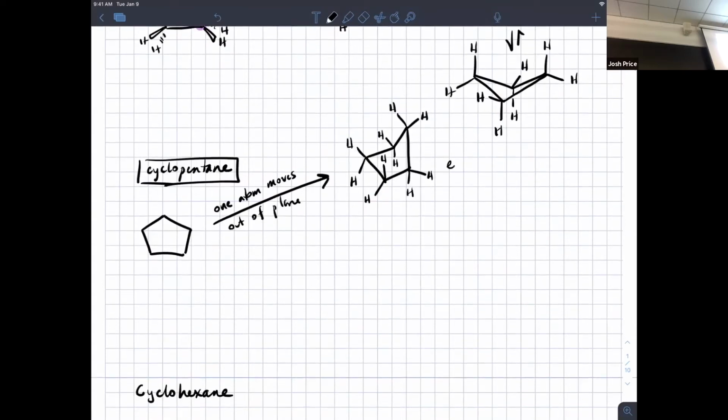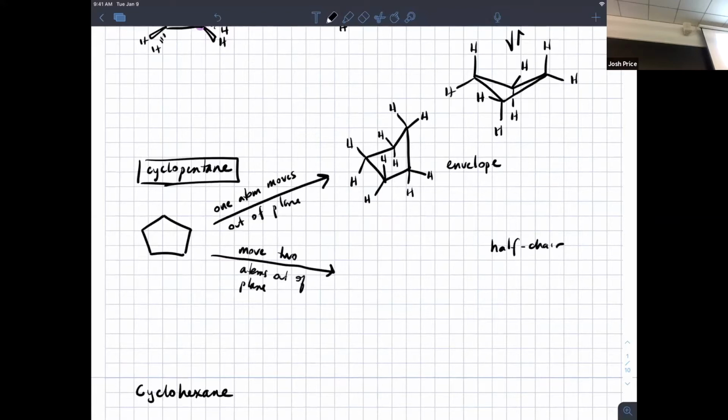So this is the envelope conformation. But there's another one. If you move 2 atoms out of the plane, you get a conformation that is known as the sort of half chair.